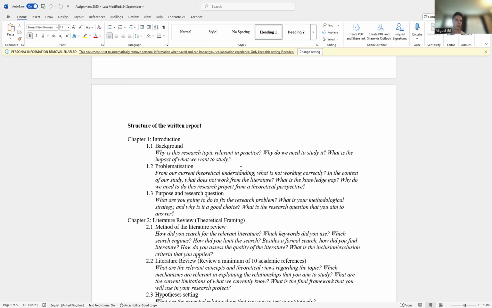But try to discuss it in a critical way and try to stay in a theoretical dimension. Try not to bring in too much of the empirics. Try to discuss the arguments and the assumptions from other research and then try to challenge them with the context of your study. But try not to use references that are not academic. Here in 1.2, use more academic sources to support your argumentation.